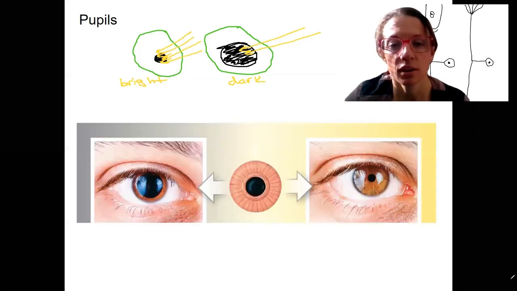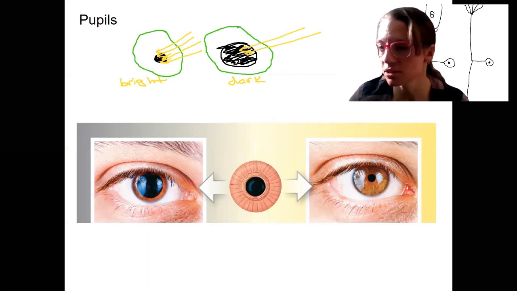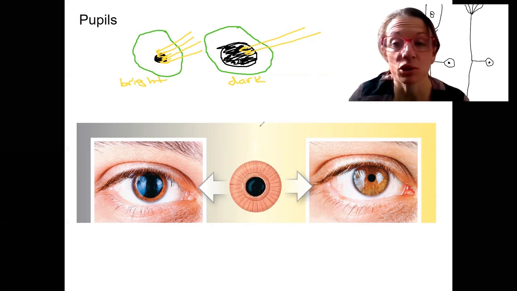It's the same thing here, right? But we are going to name some of the muscles that control this. The controlling of pupil size is regulated by muscles that either dilate or constrict the pupil area.